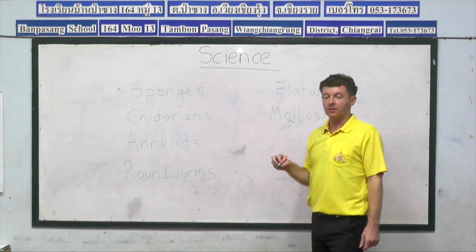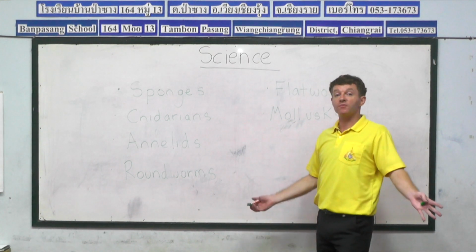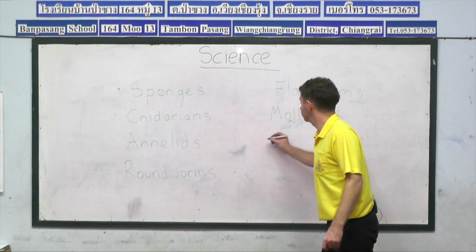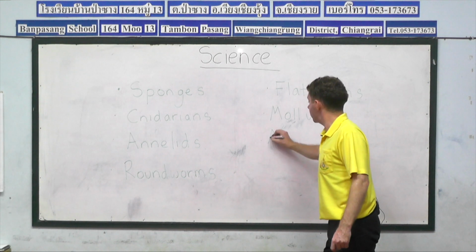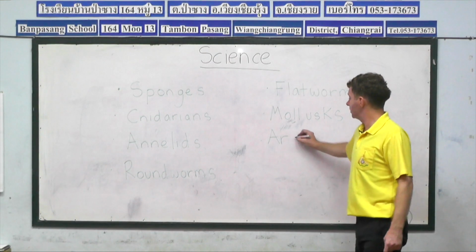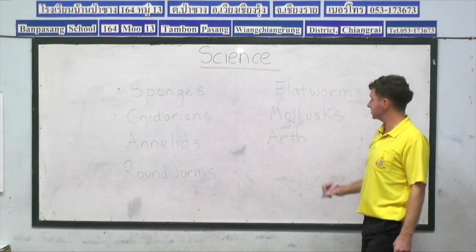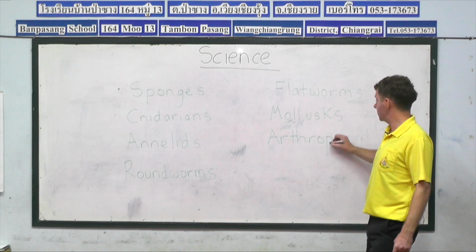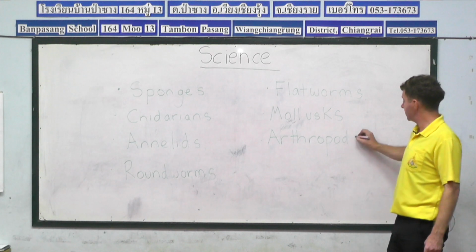And then the spiders, arthropods. Yes, these are the largest group of animals on the planet. Over 1 million different types. Arthropods, A-R-T-H-R-O-P-O-D-S.